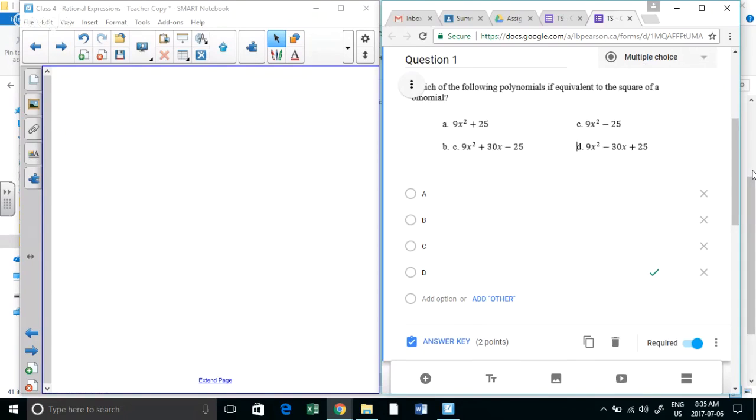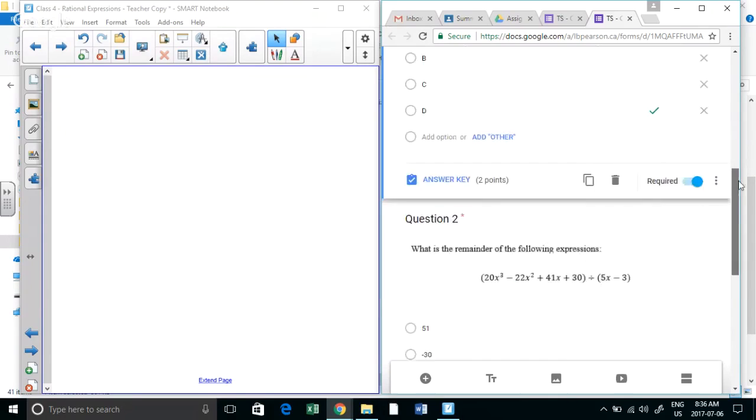So A and C do not have three terms, so they're automatically eliminated. B, the third term is not positive, so that's automatically eliminated. So before I even do any calculations, before I even verify anything, I've eliminated 3 of the choices, which is fantastic. Good news for me if I get this question on the final.